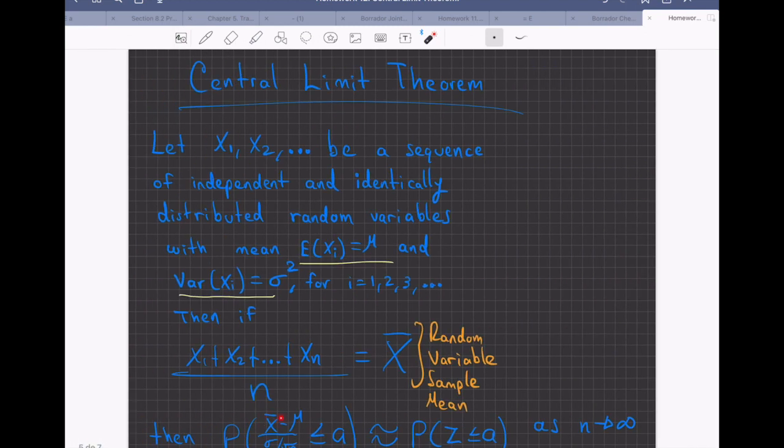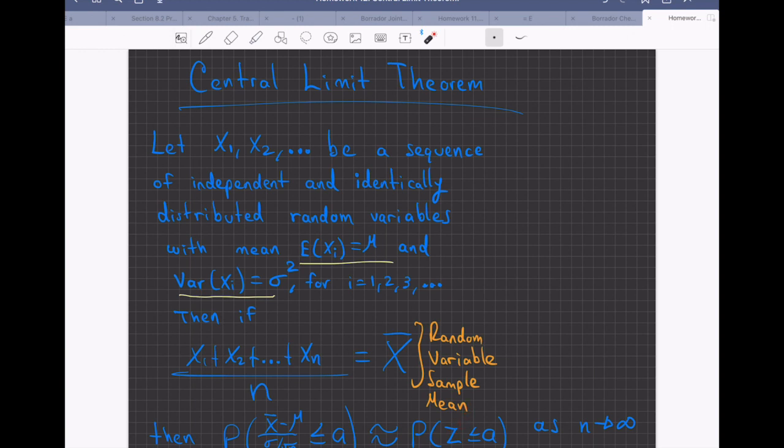That the behavior of x bar minus mu divided by sigma over square root of n is, as n goes to infinity, the same or can be approximated by a standard normal distribution. Essentially, we're saying that we can approximate the probabilities for this random variable by using a standard normal distribution.